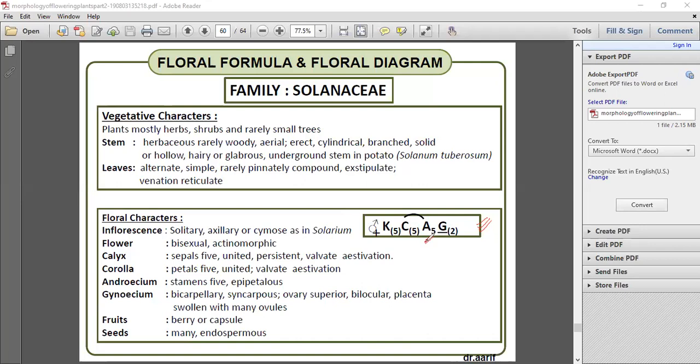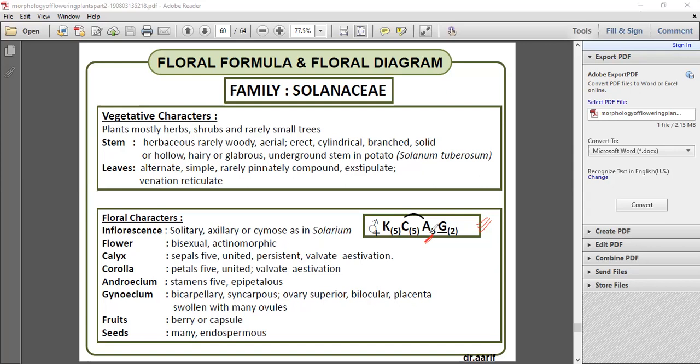Yes, Devanshi, what do we understand by androecium? In androecium, ma'am, there are 5 stamens. So are they gamostemonous? That is, are they fused with each other?